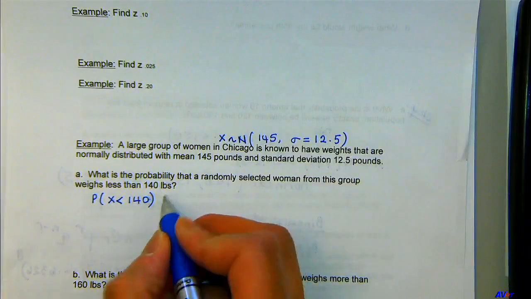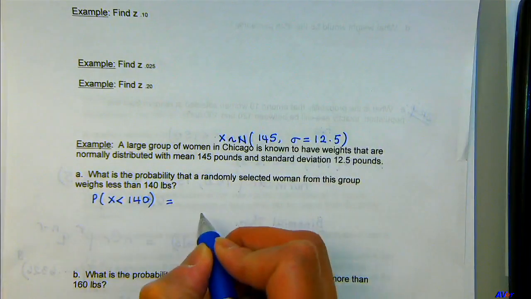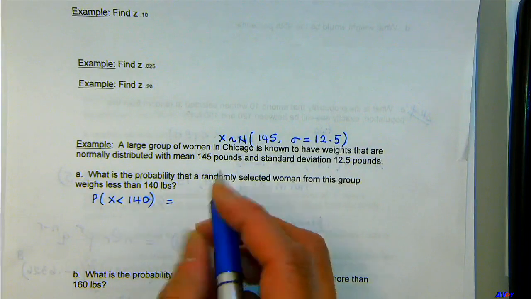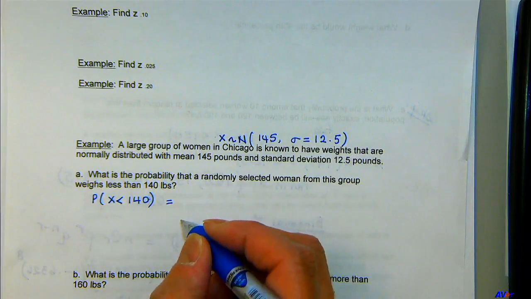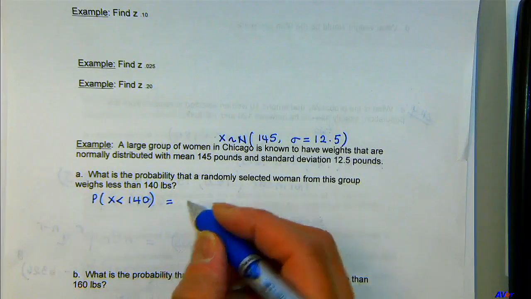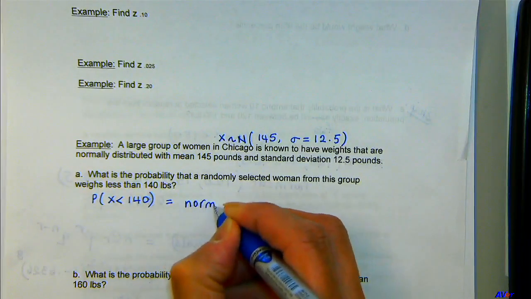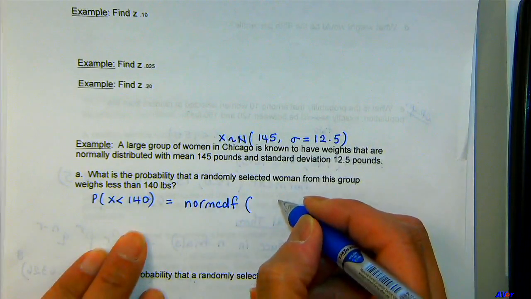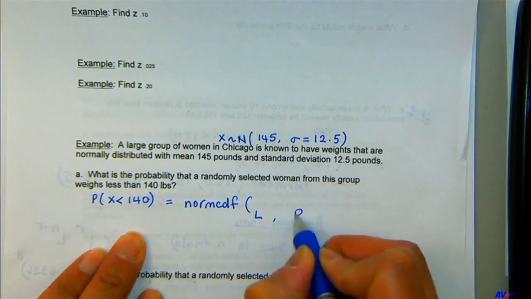Okay, so what's the command? Let's go, guys. Talk to me. What is it? Yep, norm CDF. Left, right, mu, sigma. So let's go.